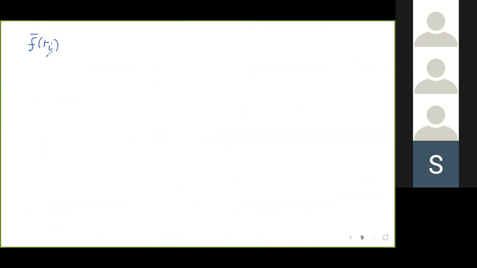But the point is that now this can be found from the following values: bar F of U1, ..., bar F of Uk.